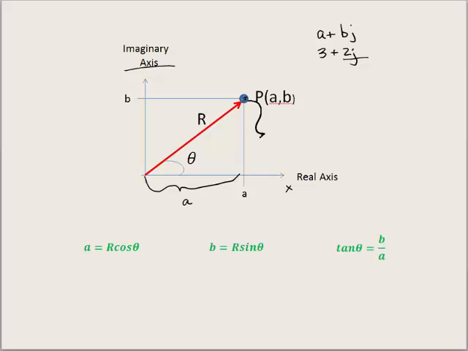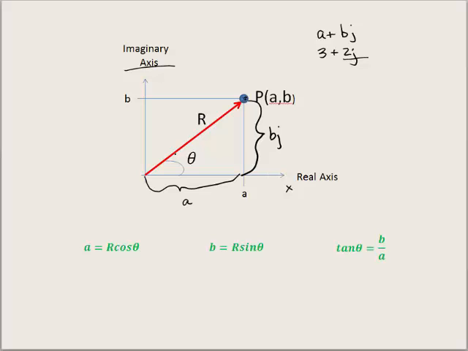Now this is on the j-axis, so the distance from here is referred to as the bj distance. Now how do we find b? We take the r, the hypotenuse, the resultant vector, r, and we take the sine of theta, the angle that describes it. And that's how we find b.